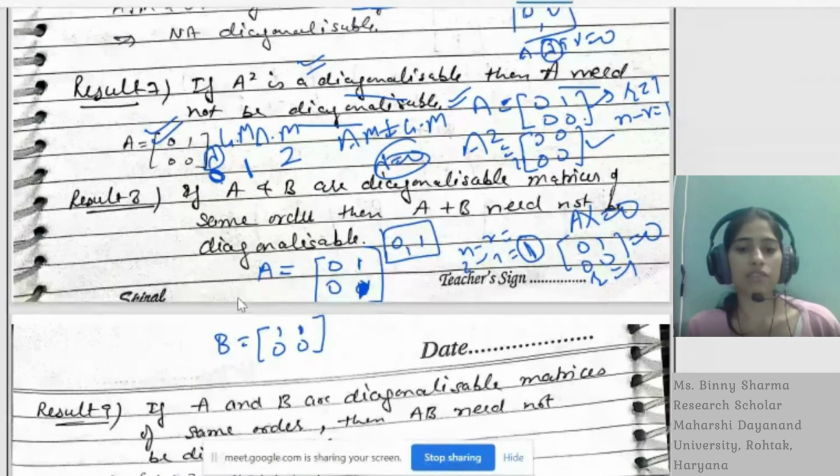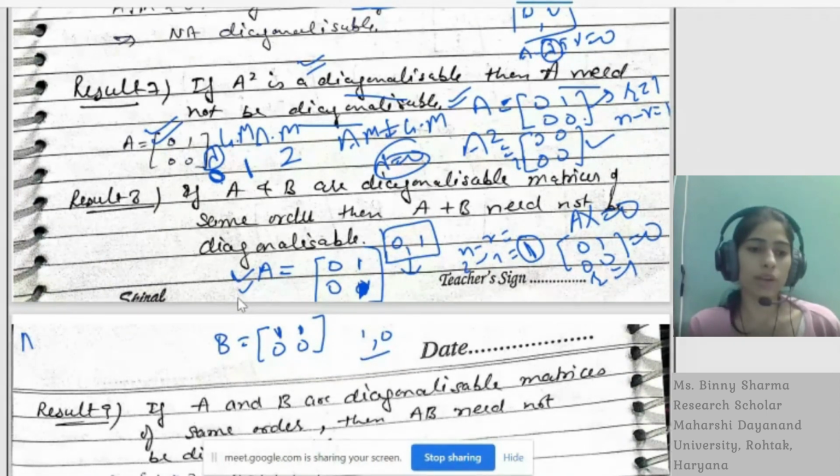And we have discussed that if eigenvalues are distinct, then the matrix is diagonalizable. So A is diagonalizable. Similarly, B is also diagonalizable because its eigenvalues are 1 and 0.